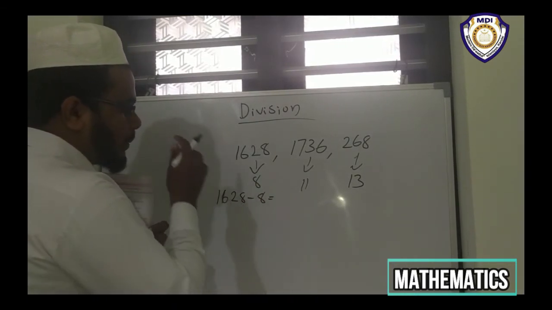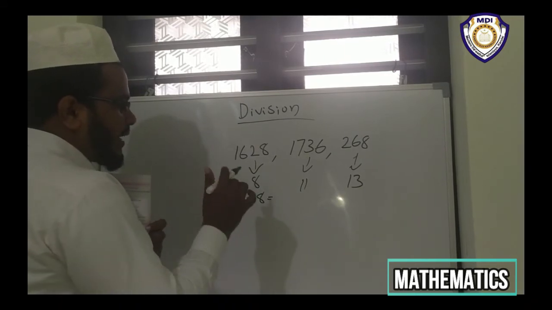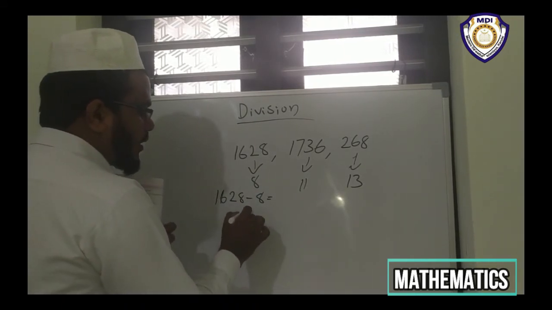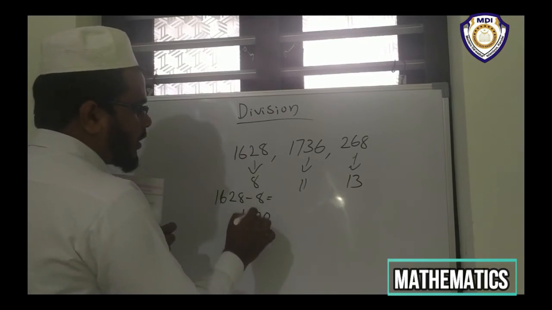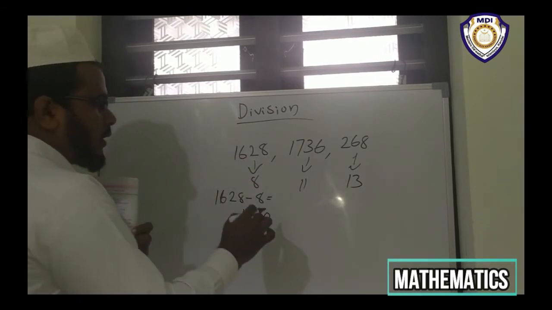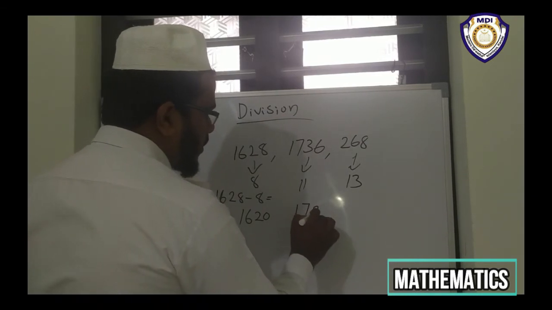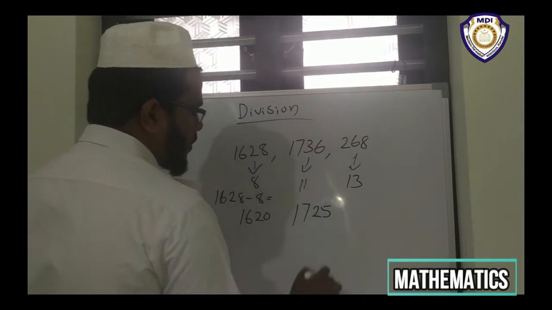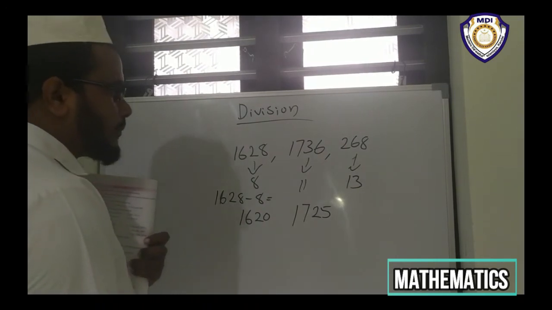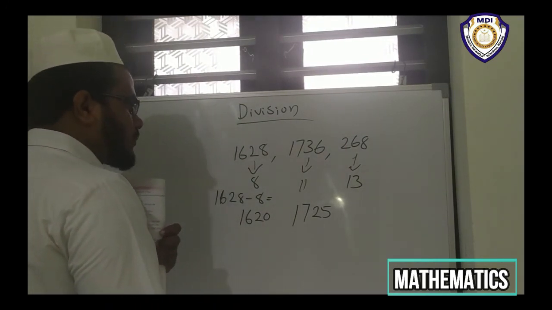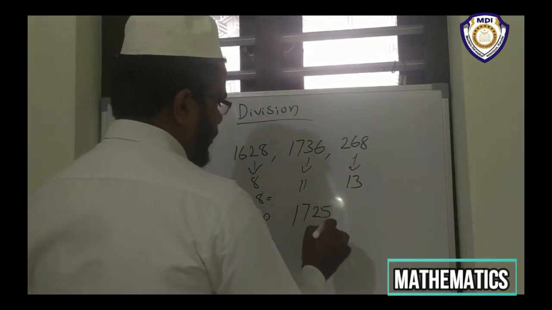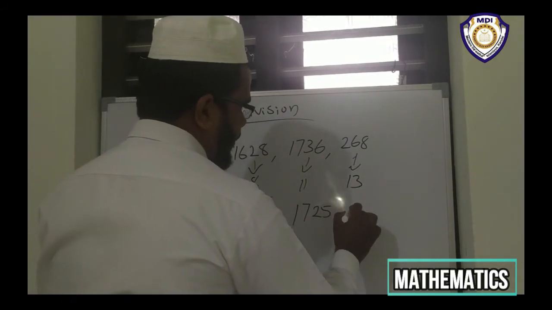Then what is the answer? 1620, 1628 minus 8.